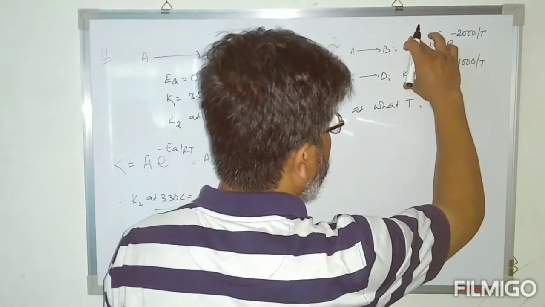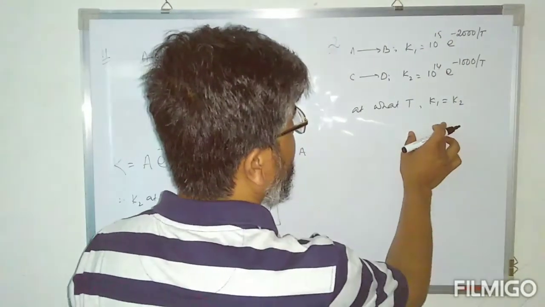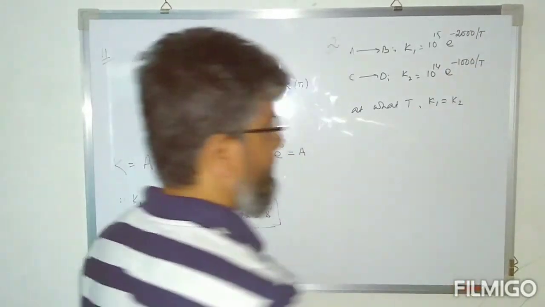So the rate constants are equal at a certain temperature. What is that temperature?